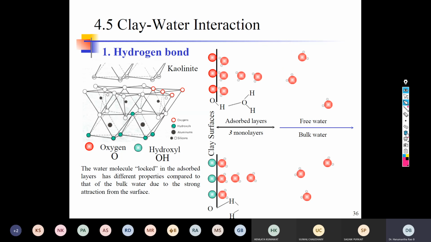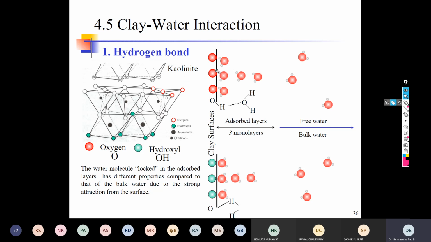Any justifiable answer? Sir, it is temporary, because if the temperature increases, then the second layer of water gets released. Okay. If the temperature is maintained constant, then as long as it is maintained, there is no change in the thickness of the diffusive double layer.